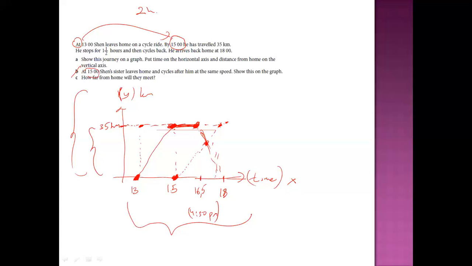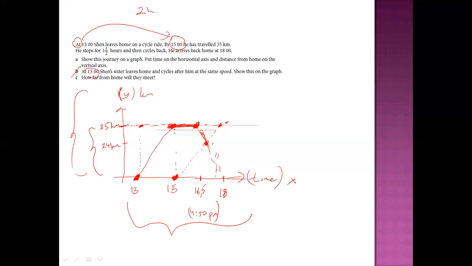And if you calculate the kilometers, you will get approximately 24 kilometers. When she leaves home, after 1.5 hours she will be here approximately, and after 1.5 hours he will be here, and they'll meet 24 kilometers from home.